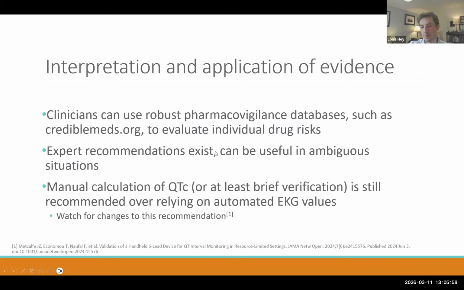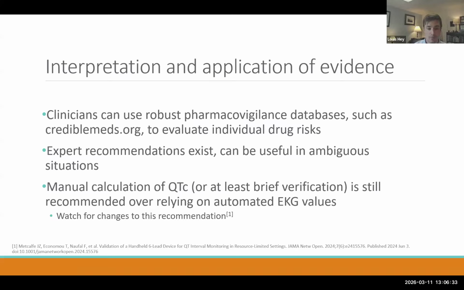So if you had a patient that was borderline, and you calculated the QTC and got a value that is much more reassuring, and you have confidence in how you calculated it, then maybe you forge ahead with your plan. Or maybe that prompts you to ask for a cardiology overread and have a cardiologist manually calculate the QTC to confirm your value. Watch for changes on the automated reads.